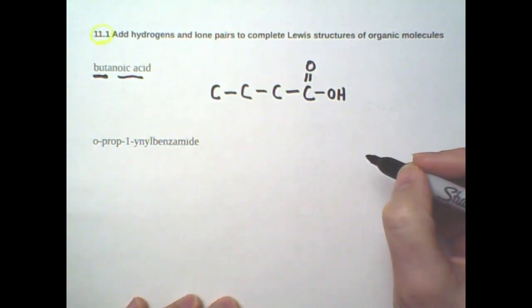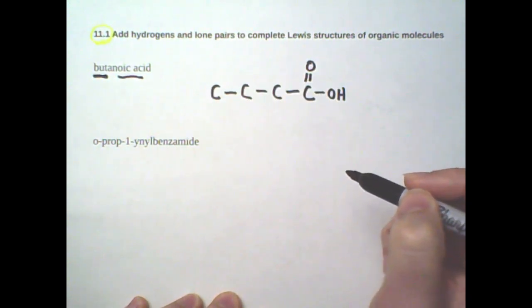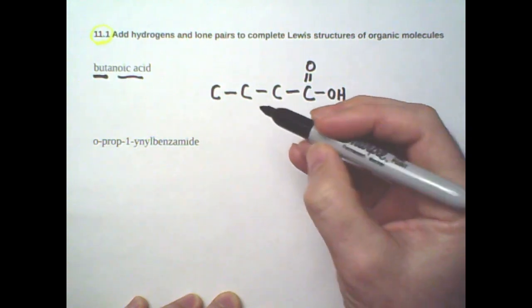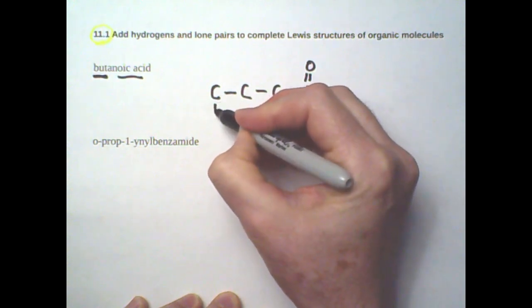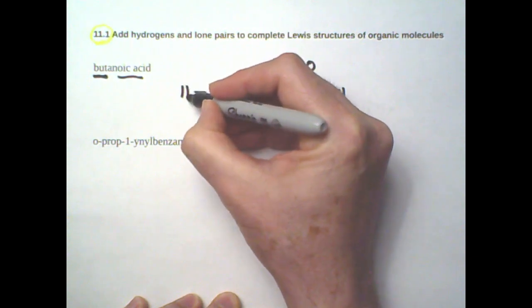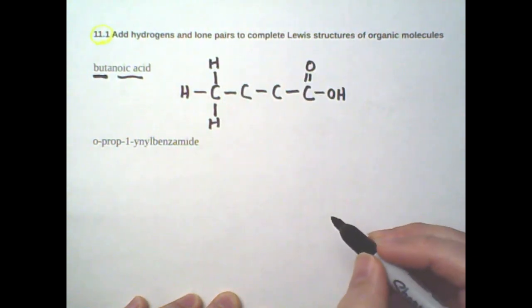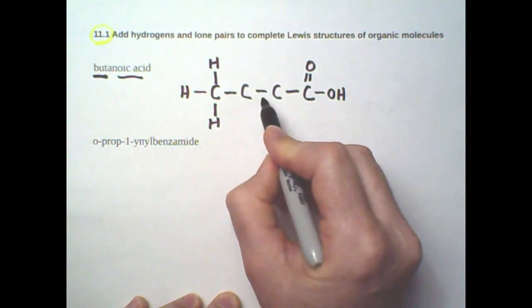All right. Now we can do the question. This is the kind of thing you get in the problem, and now you need to add to it. So you click on a C, and you say, oh, the C should have 4 bonds. It has 1. So to the other 3 bonds, I attach H's. Then I go to my next C. It has 2 bonds.